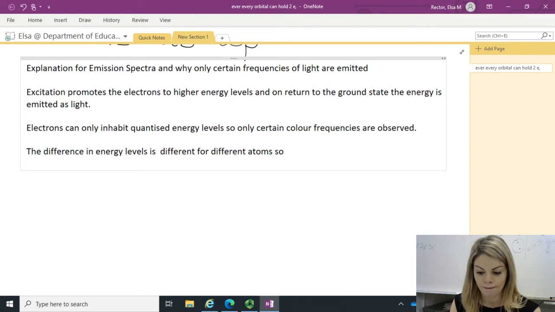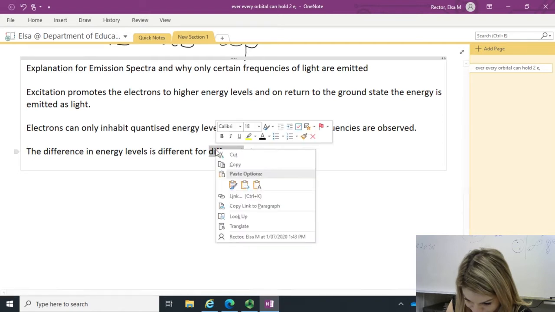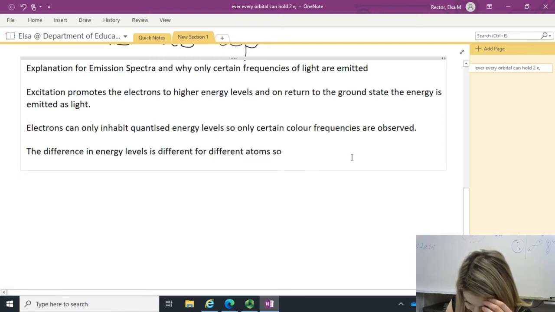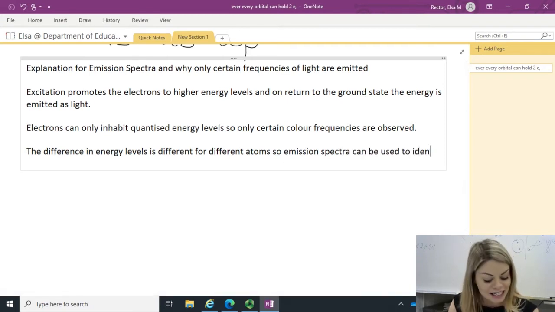Can you change that word? Maybe use a synonym, like unique, or varies for various atoms, for each atom. Okay, whatever. So, emission spectra can be used to identify elements.